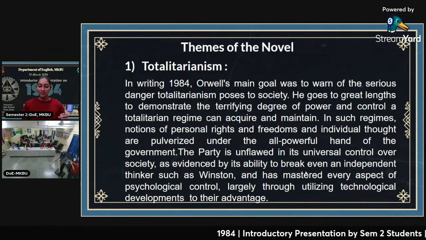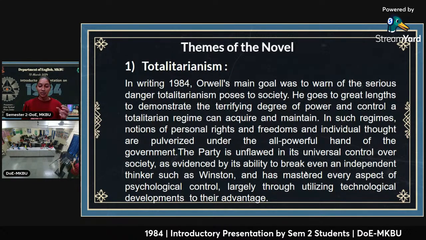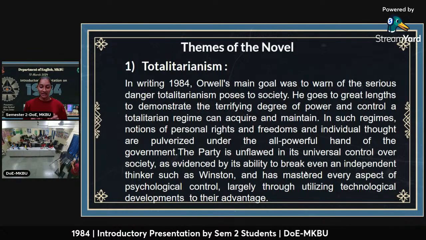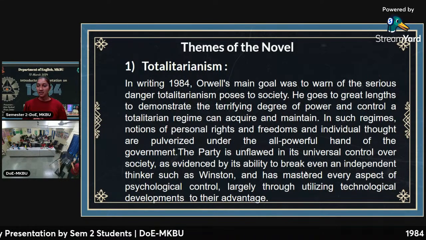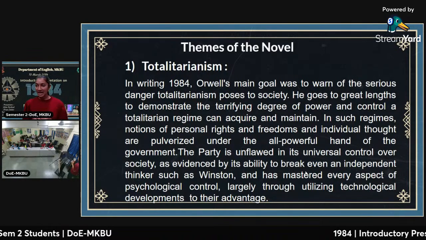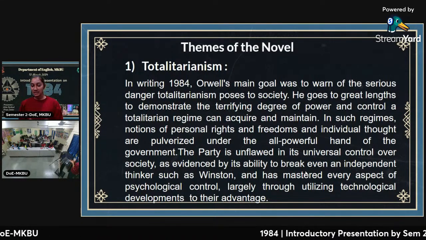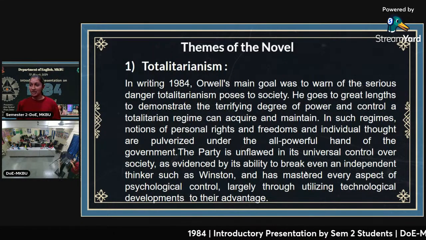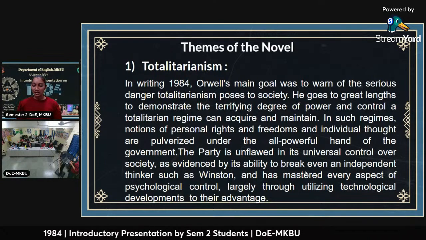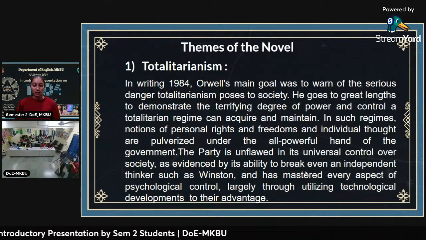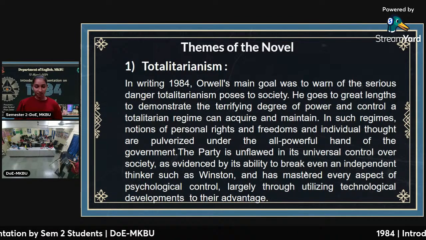Even the emotions and feelings of all the people are controlled, as Asha mentioned, the love and relationships are controlled under Big Brother, largely by utilizing technological development to their advantage.